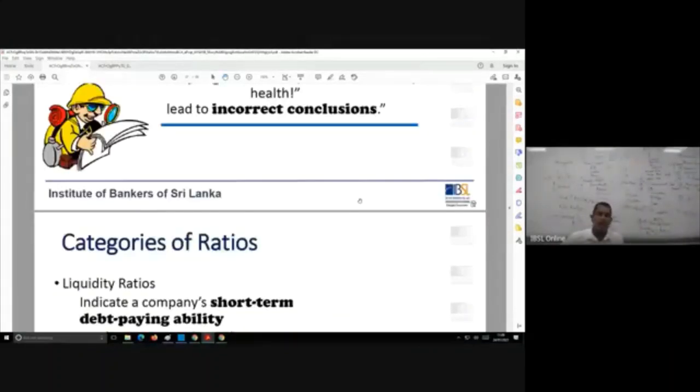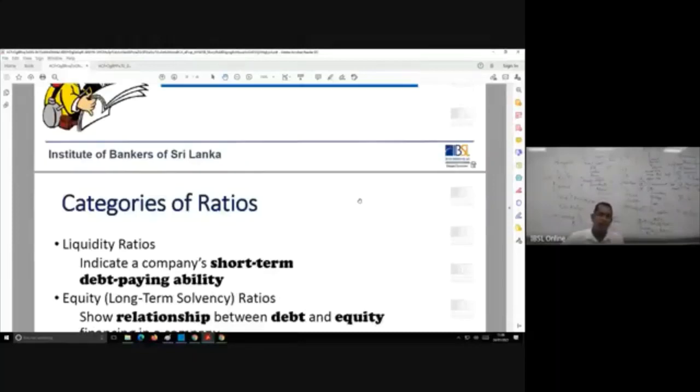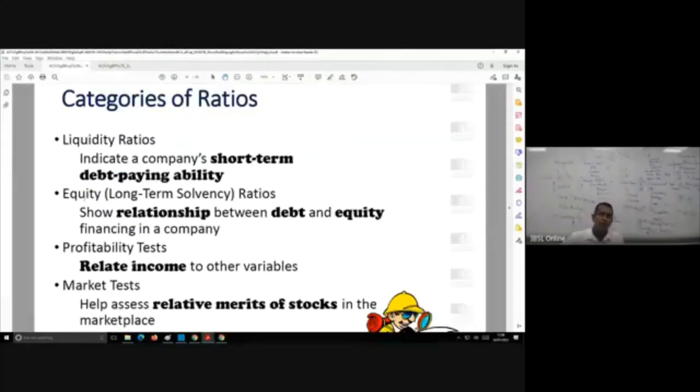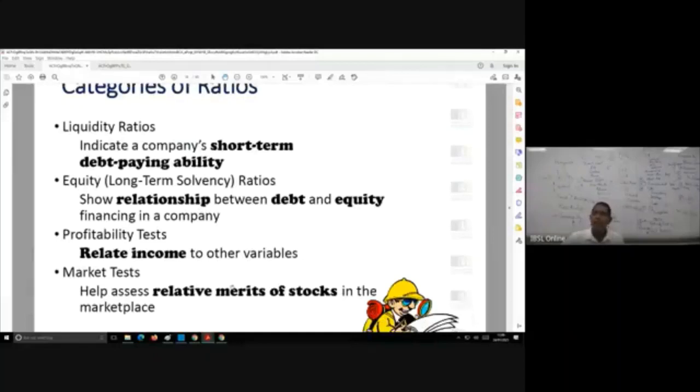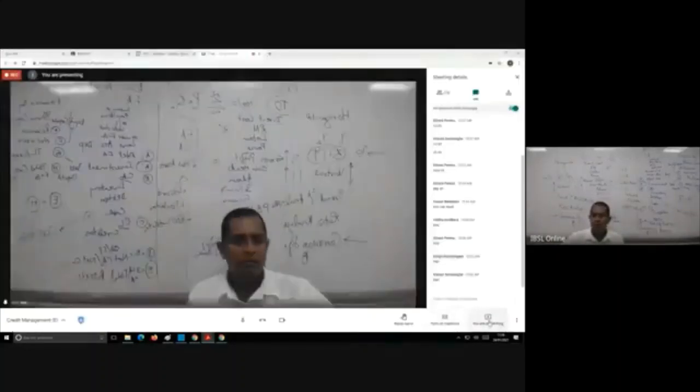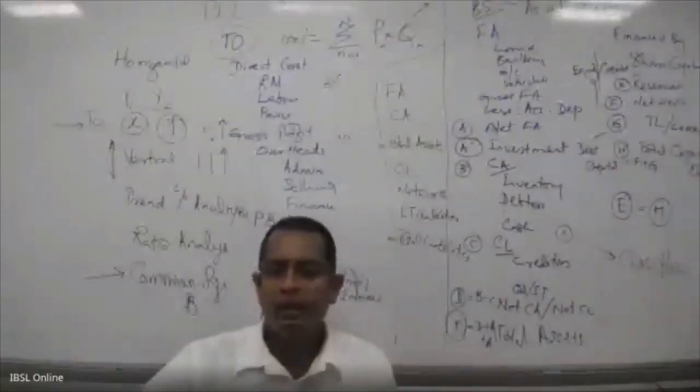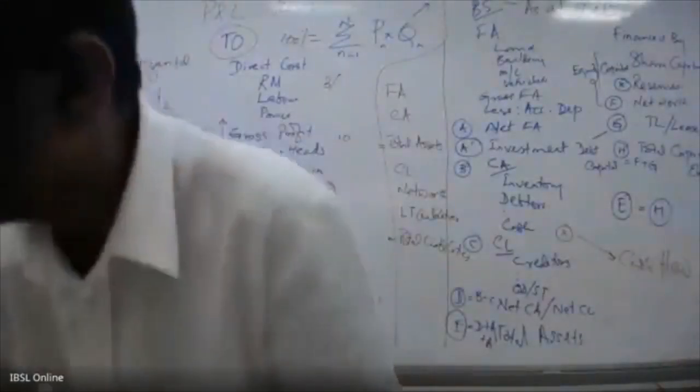We have 4 types of ratios: liquidity ratios, solvency ratios, profitability ratios, and market ratios.